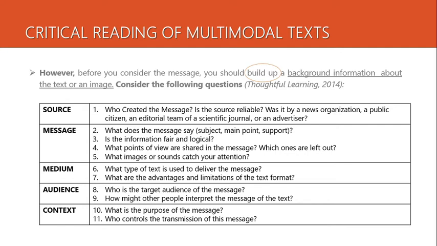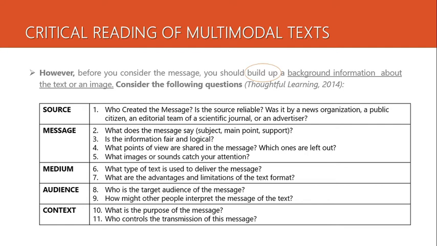Another is the audience. When we say audience, this refers to the receiver of the text or the message. So who is the target audience of the message? You will know the target audience based on the content, the subject, or the source of the message. How might other people interpret the message of the text? The interpretation of it, the meaning and the understanding indicated on the text.